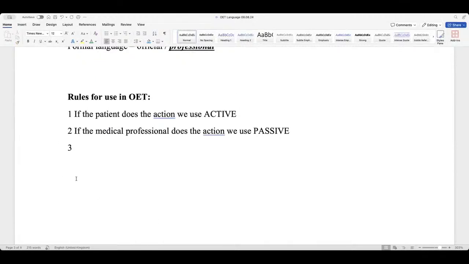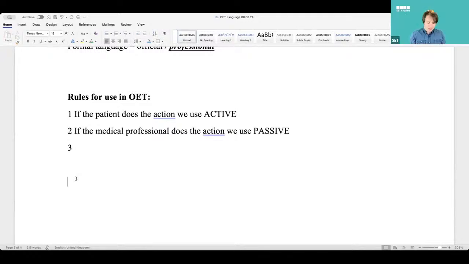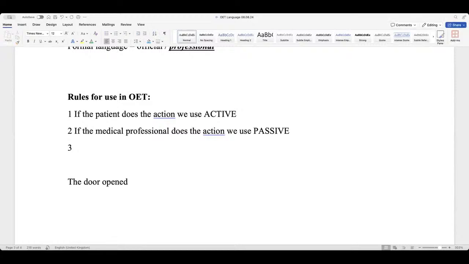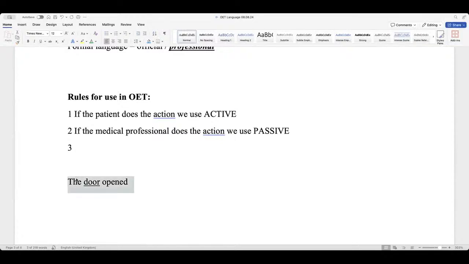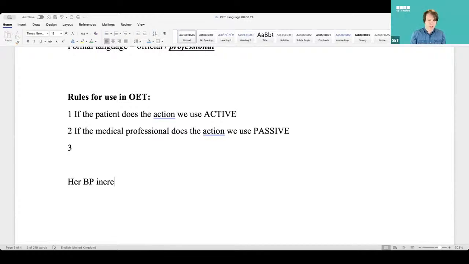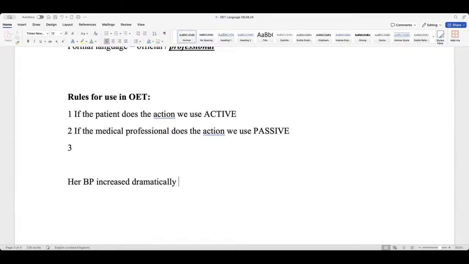No. Look at this then. How about this: the door opened. Is that active or passive? Active. Is it a person? No. Okay, what about this: her BP increased dramatically. Where's the subject of the sentence? Her BP. Is that a person? No. Is it active or passive?